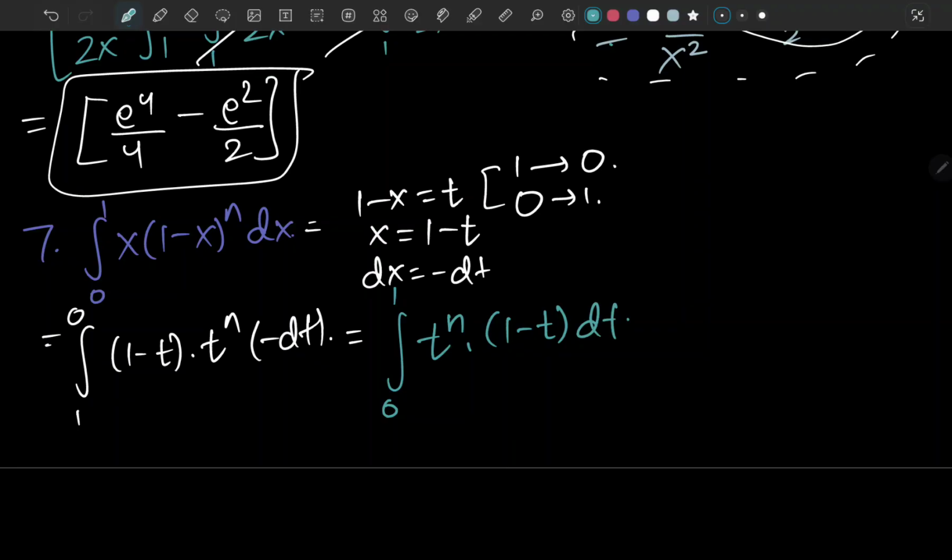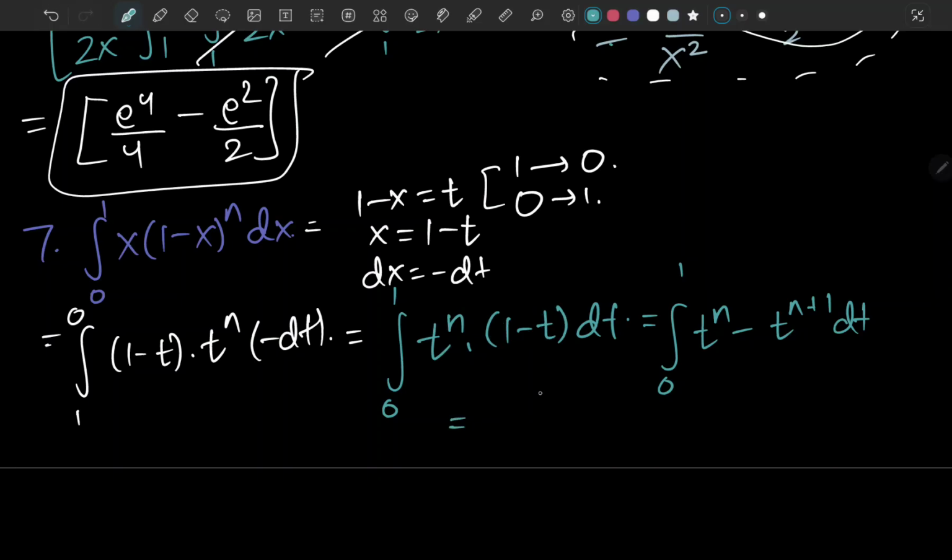Okay, and now what we are going to do is just multiply the terms inside the parentheses, nothing much. I'm just multiplying these two things respectively.